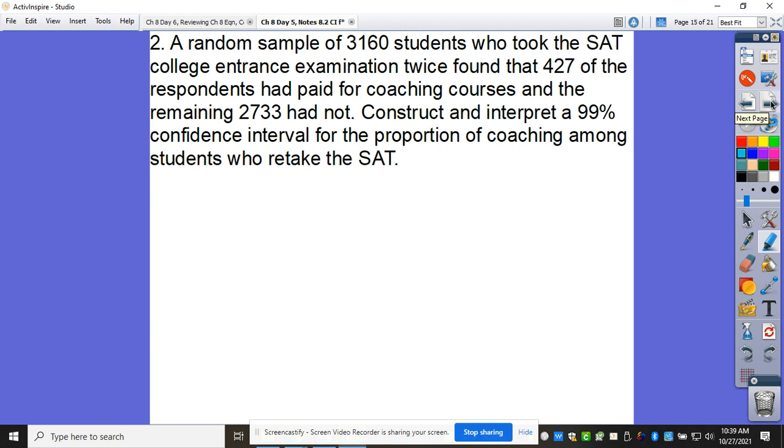All right, what's the first thing I write? P hat. So this one is 427 out of 3160. And if you choose to write that as a decimal, that's about 0.1351. My n, which is here, is 3160.